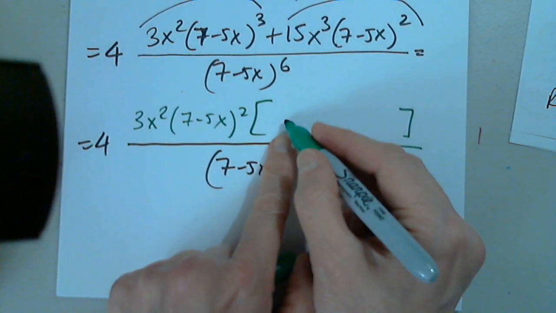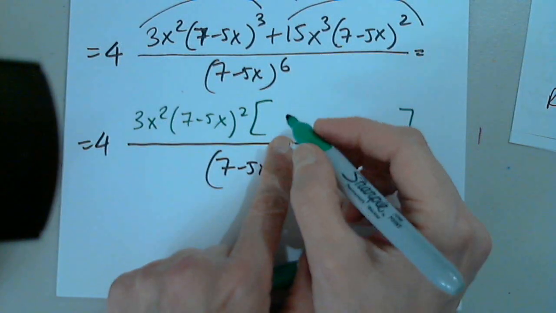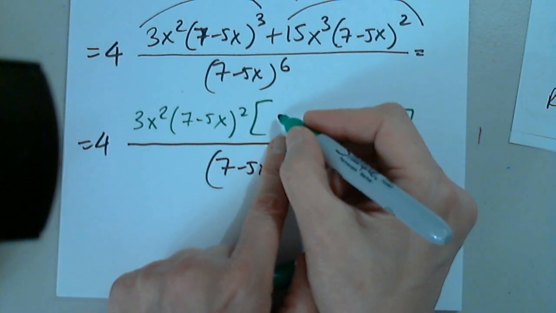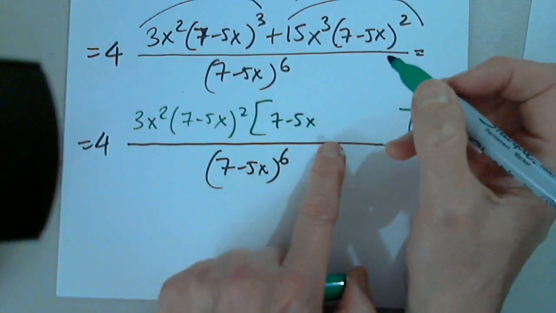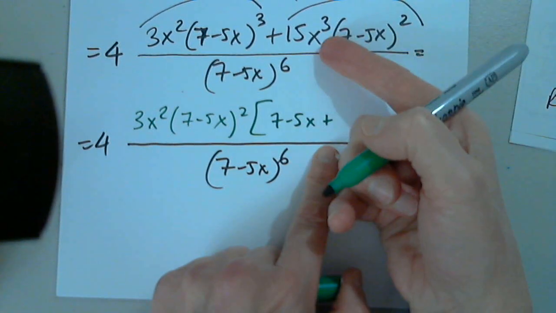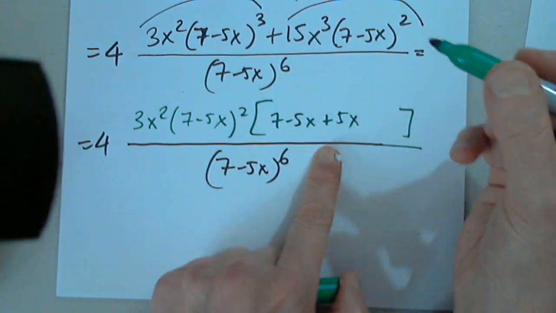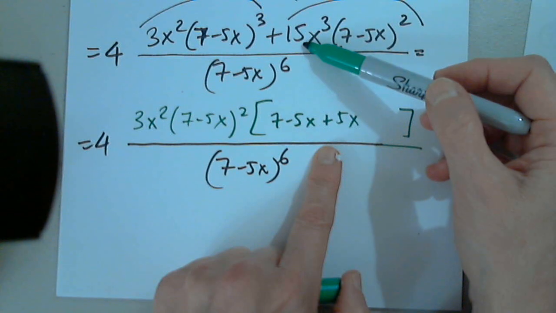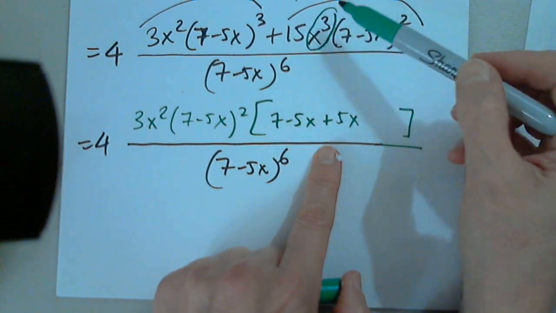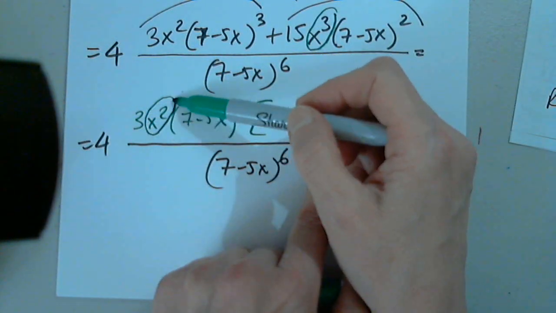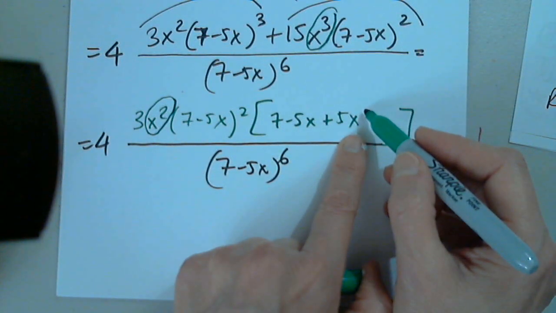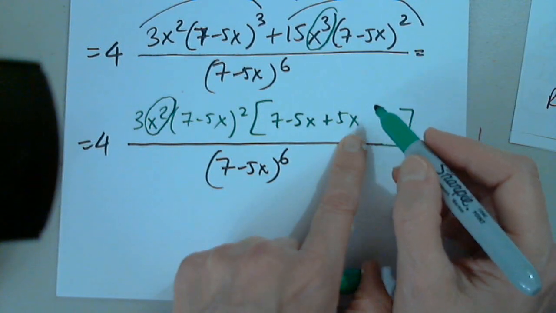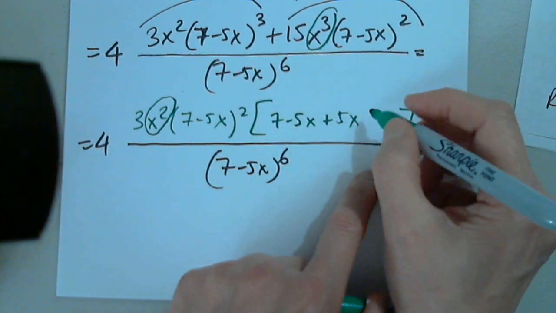So what is left inside? 7 minus 5x, and then plus 15x cubed. From x cubed, we took out 2 of those. So what is the power left? It's 1. And these are completely out.